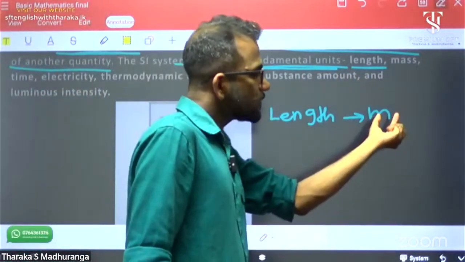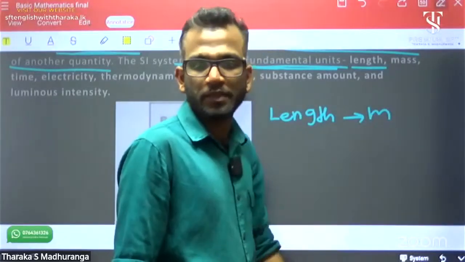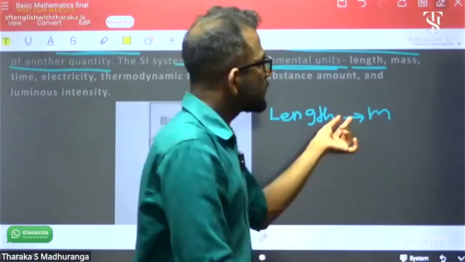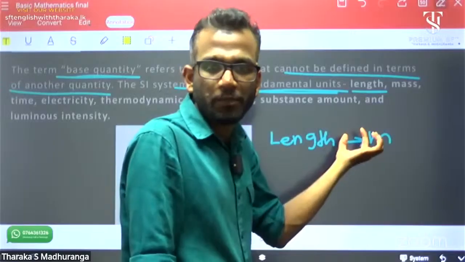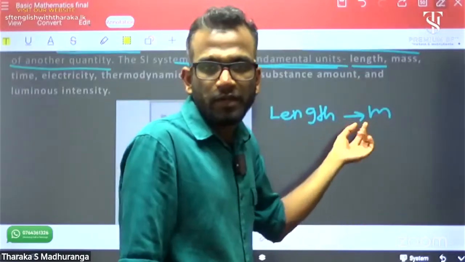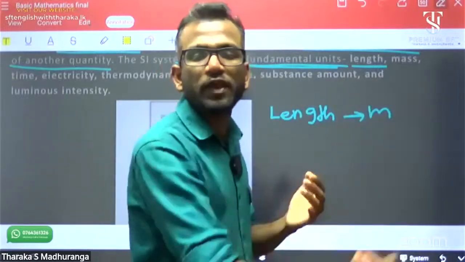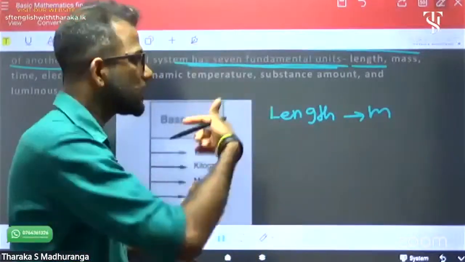The base SI unit is meter. We can't define it by another unit. Derived means we can define by other units. That's the difference. I will explain in derived.